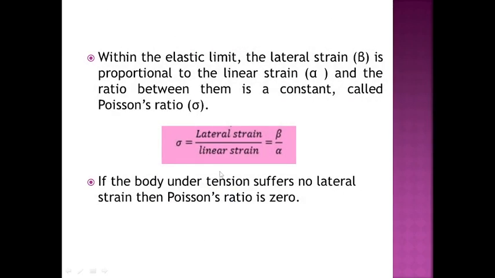So how do we define Poisson's ratio? It is lateral strain to the linear strain, equal to beta by alpha. If the body under tension suffers no lateral strain, then beta is equal to 0, and this ratio is going to be 0.